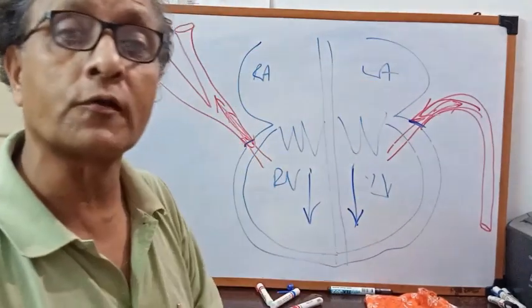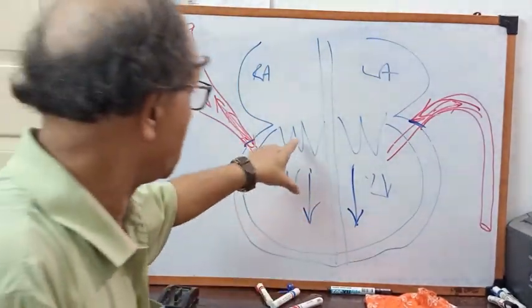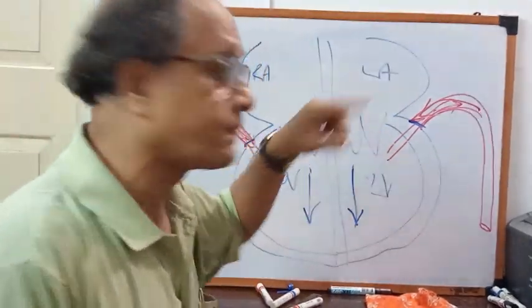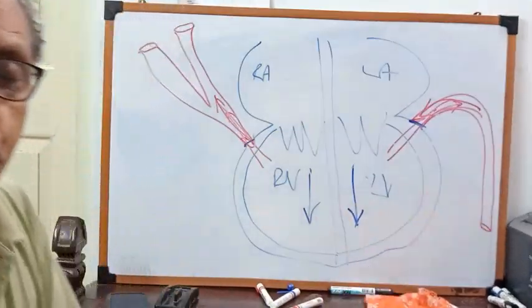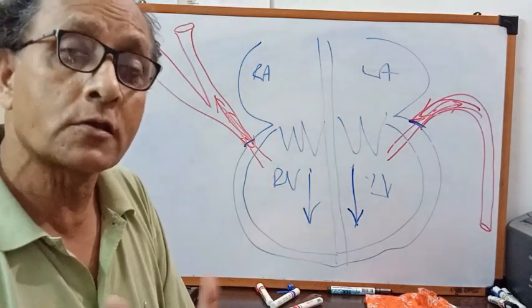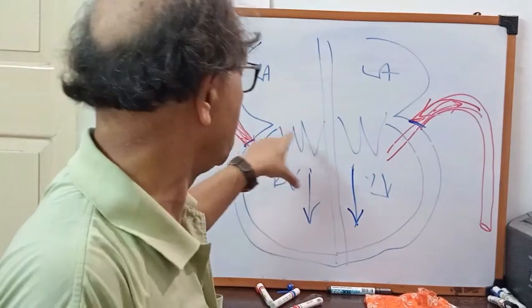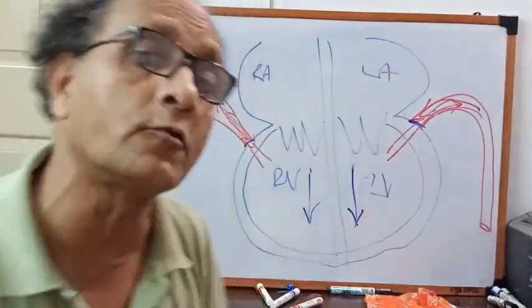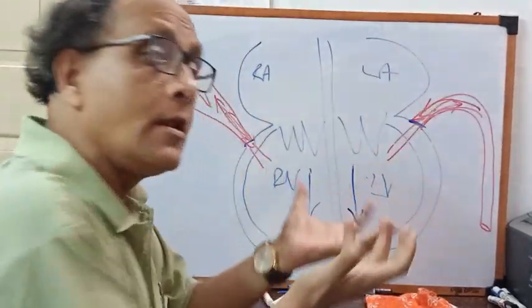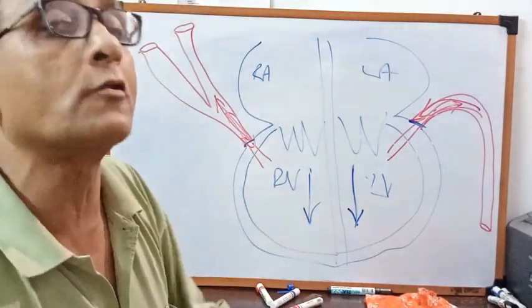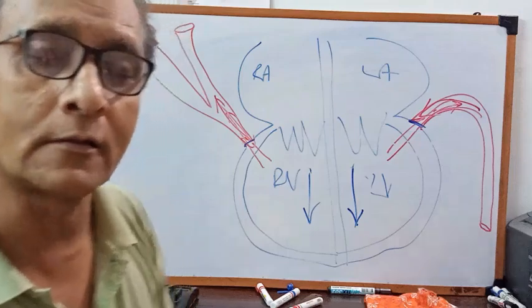Semilunar valves are closed, but the AV valves, the atrioventricular cuspid valves, have not yet opened. So what is the situation? It's again a new situation where semilunar valves are closed, but AV valves have not yet opened. So again the ventricle is a closed cavity, but this time it is not contracting, it is relaxing.